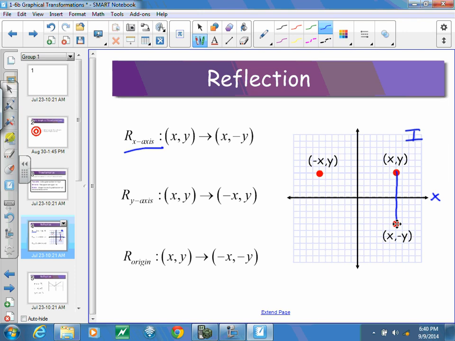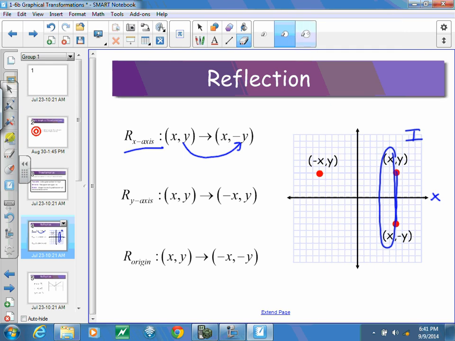Now, a lot of times people always think, okay, the x value changes, when actually it's the opposite. Your x value is actually staying the same because you're not moving it left or right. You're moving this point actually straight down. So it's your y value that now becomes the opposite. So that's the big change that we need to think of when you're doing a reflection over the x-axis.